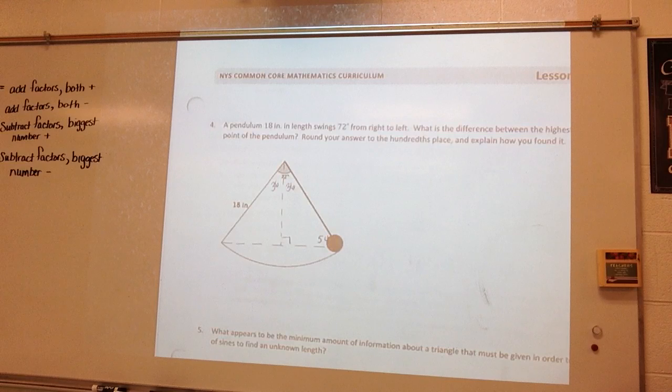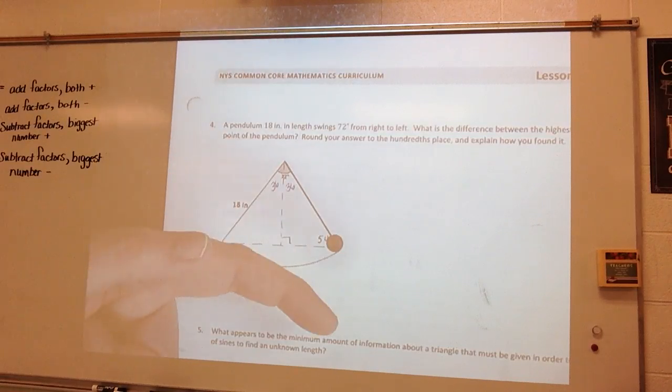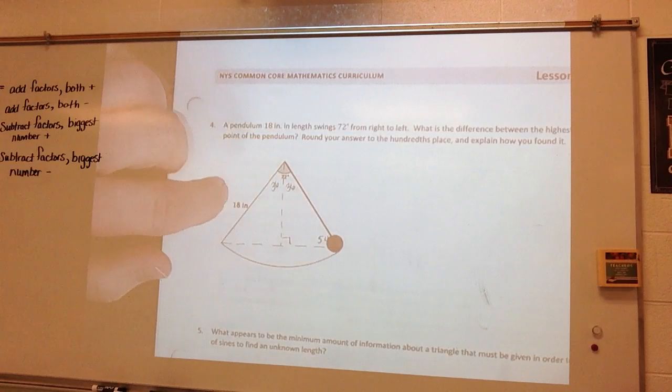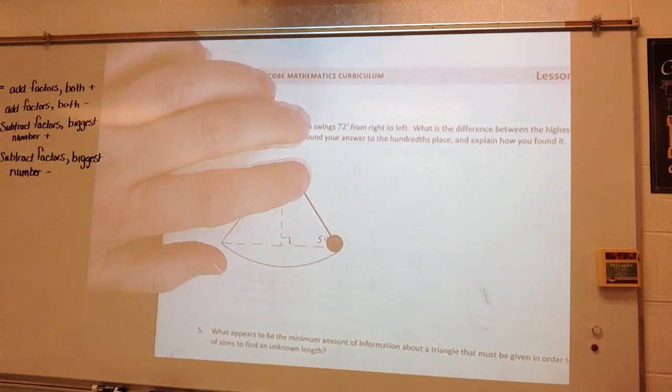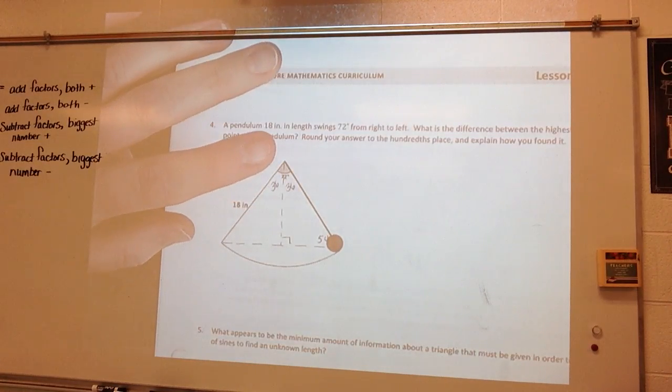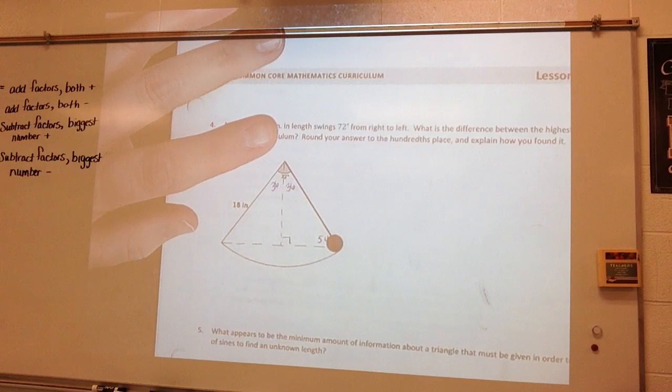The sine of 54 will give us the length from the top of the pendulum to where the horizontal and the vertical lines intersect. So if I find the sine of 54, then I can use this information to figure out what that would be.